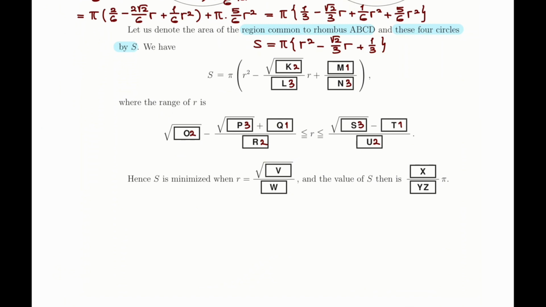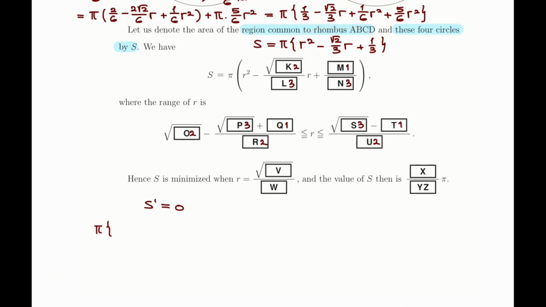Since we want to minimize S, that means S prime is equal to 0, so we need to differentiate S. Since pi is a constant multiplying our variable, we do not need to differentiate it. So just differentiate this expression.